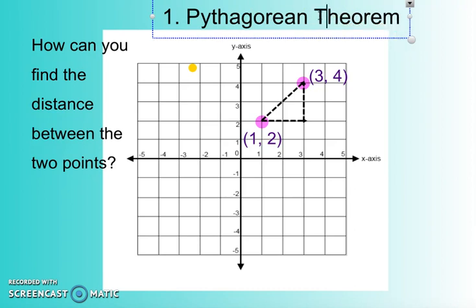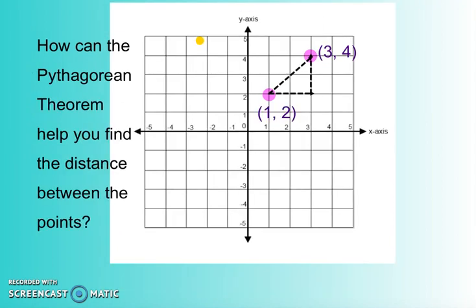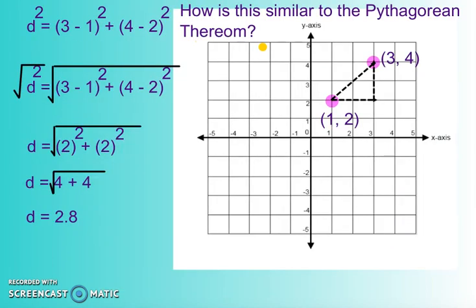There's another way, okay, so I want you to look at this. How is this similar to the Pythagorean theorem? Okay, first of all, here's what I notice.